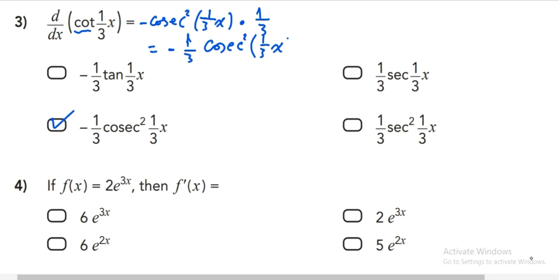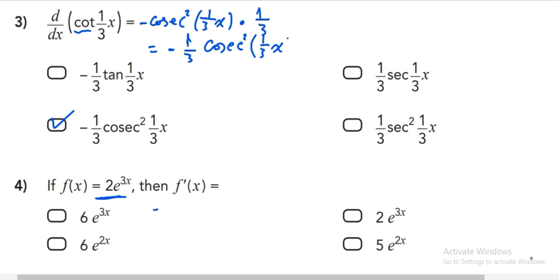Question 4. If f of x equals 2e to the power of 3x, then f dash of x equals what? Here we want to find the first derivative for this function. This function is e with a power. Its differentiation is the same function multiplied by differentiation of the power.